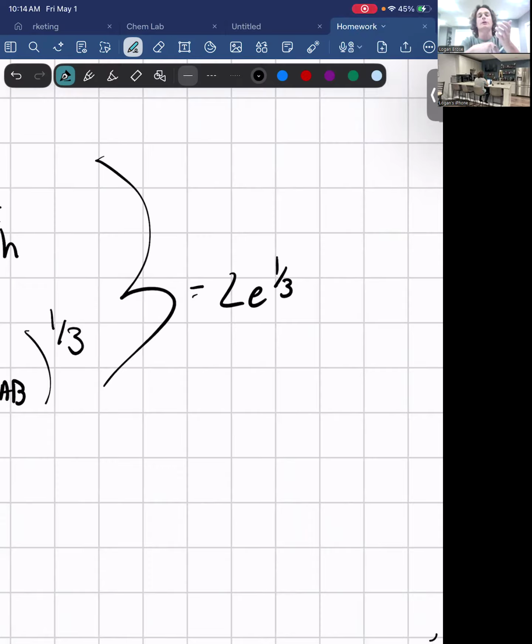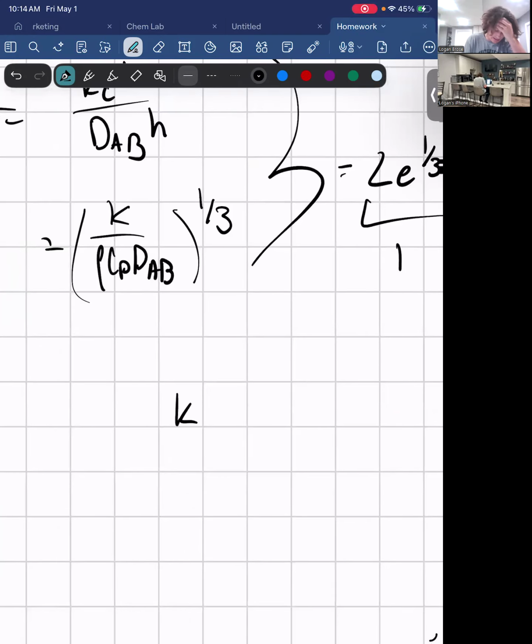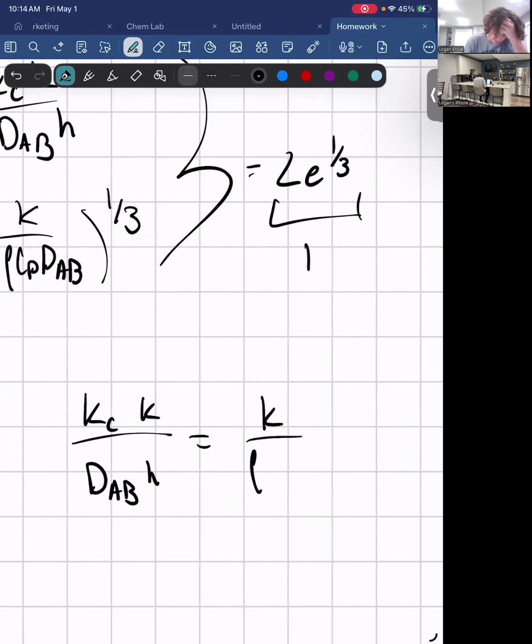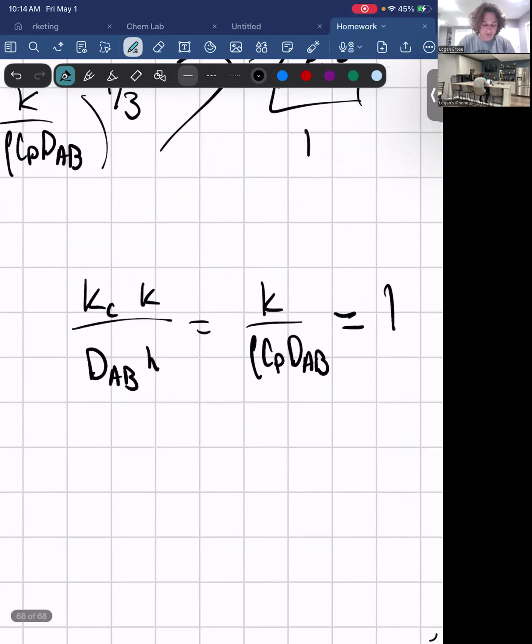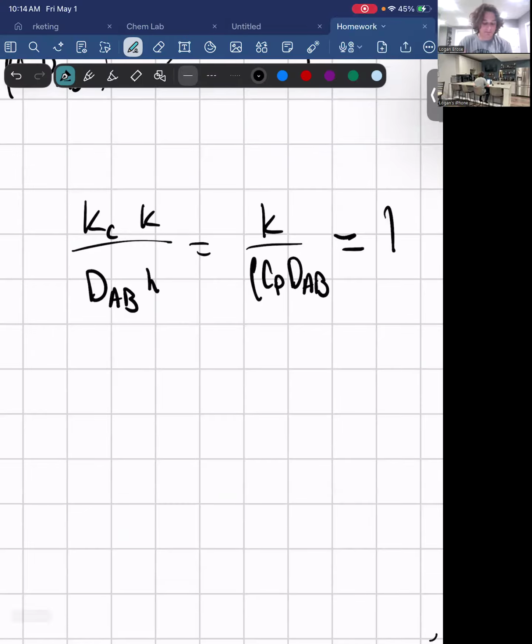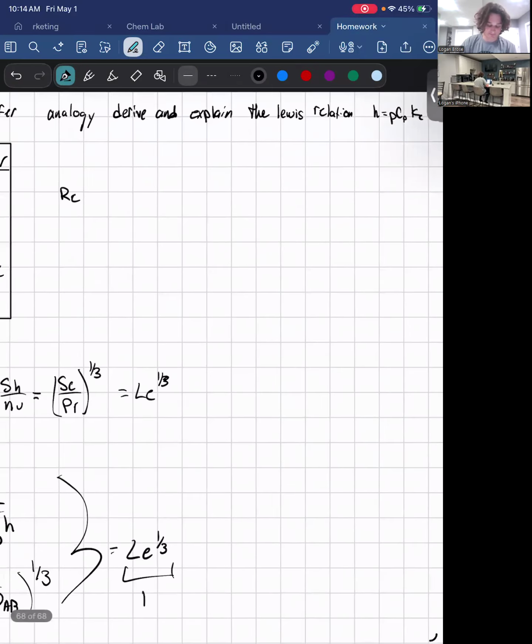And when we look at water, we know that the Lewis number is 1. So if we set this equal to 1, we then know that Kc times K over DAB H equals K over rho CP DAB, which equals 1. So with that, we can simplify this expression down and solve for H, which is the analogy that we're going for.